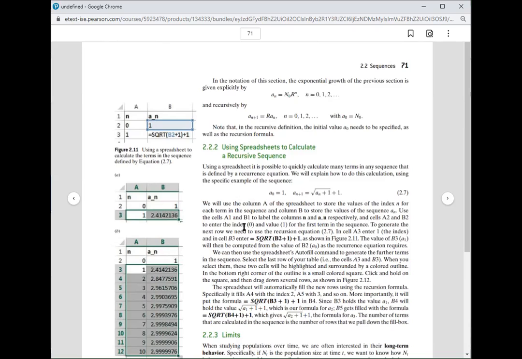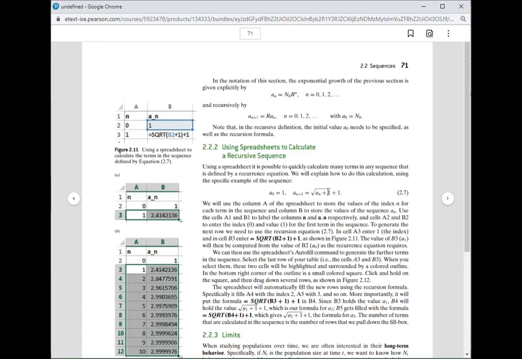And on the right side, we start from here. So it starts with n0, n0 equal to 1. Okay. And then n1 is equal to the square root of b2, which is n0 plus 1 plus 1.